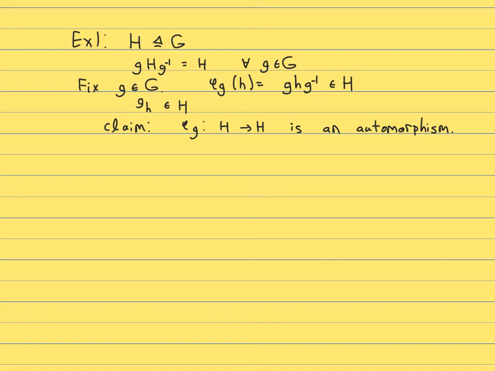Well, let's think about it. Is it a bijection? Well, these two sets have the same size, and you're defining a function from one to the other given by conjugation. You do send the identity to the identity. So, yeah, we'll go through the process, but why is it an automorphism?